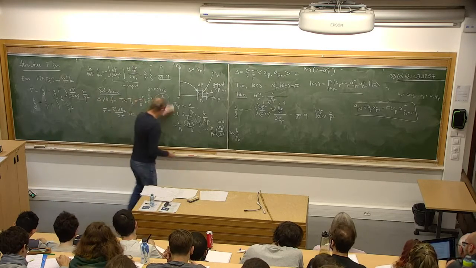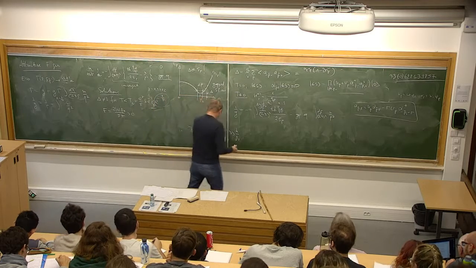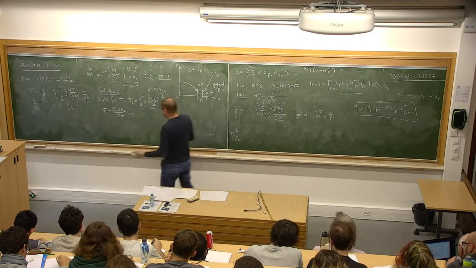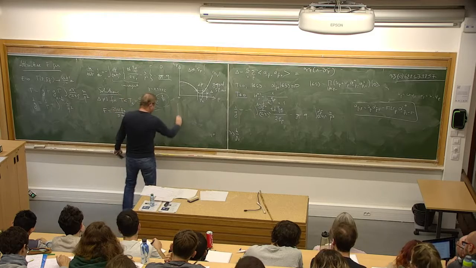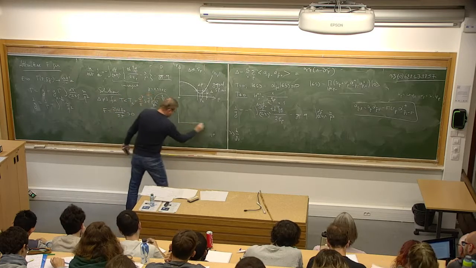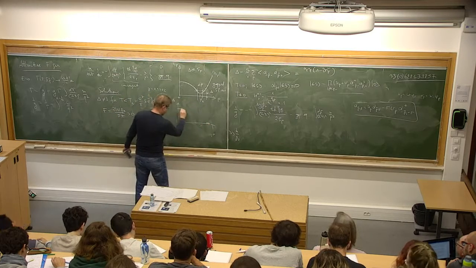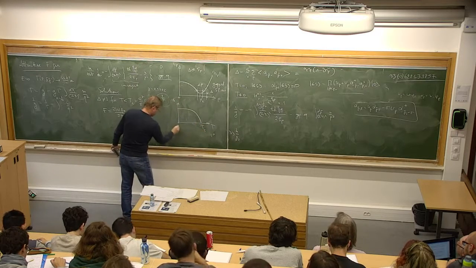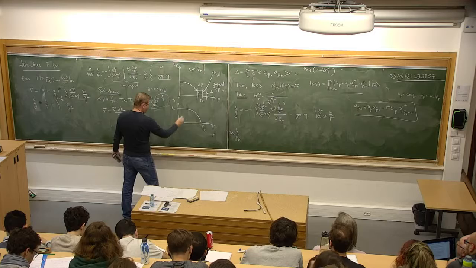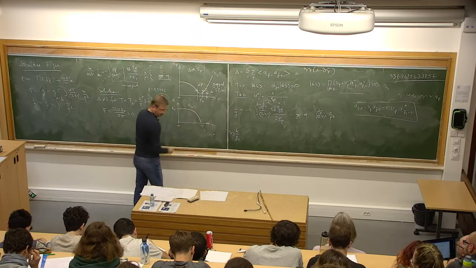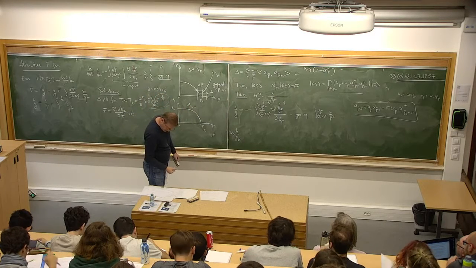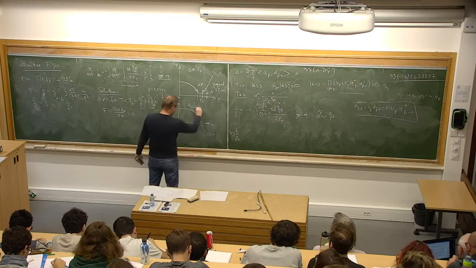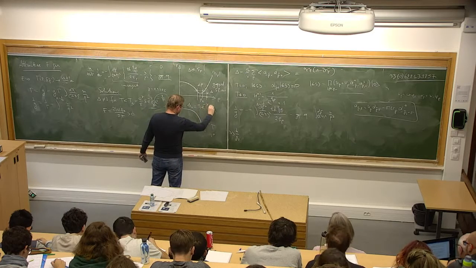And if I look at how this delta depends on temperature, you will get a form like this, where delta 0 is always related to Tc by some universal relation, pi e to the minus gamma Tc.